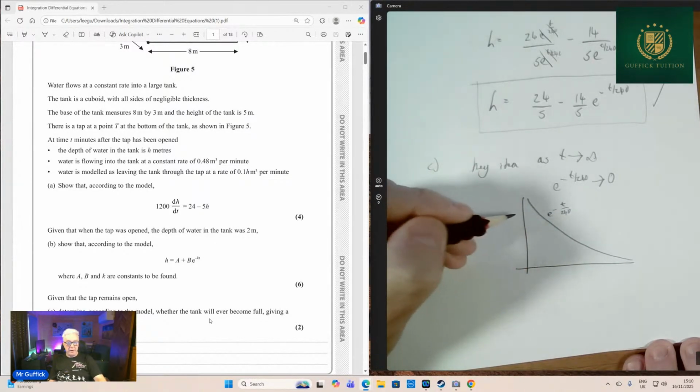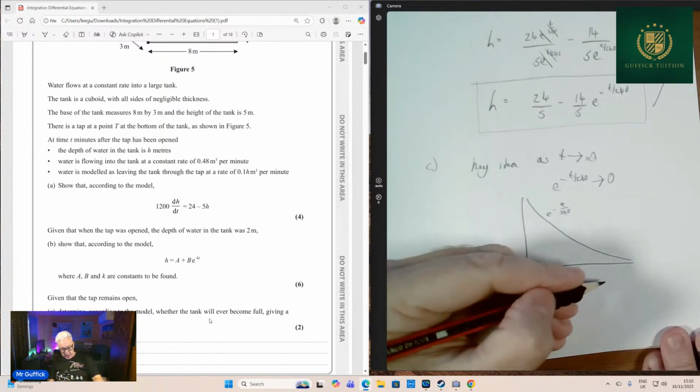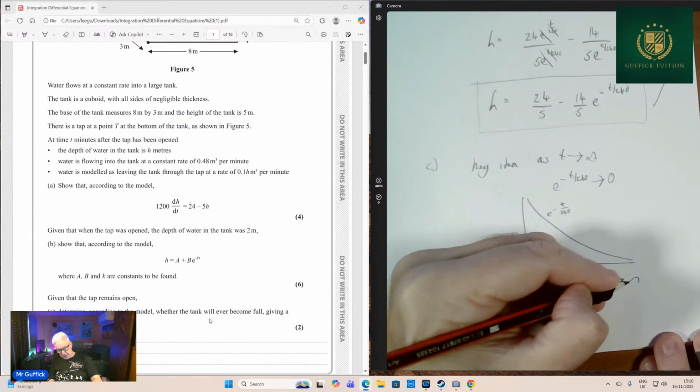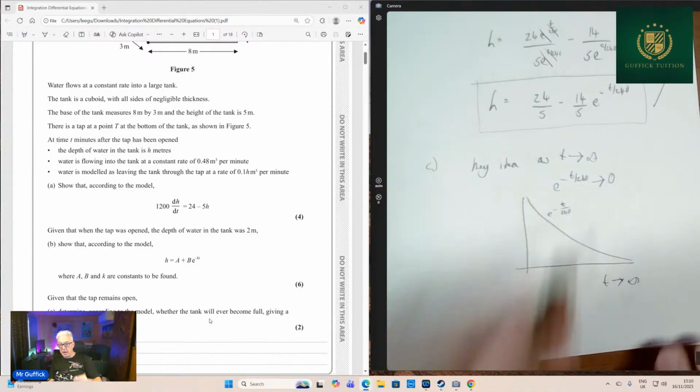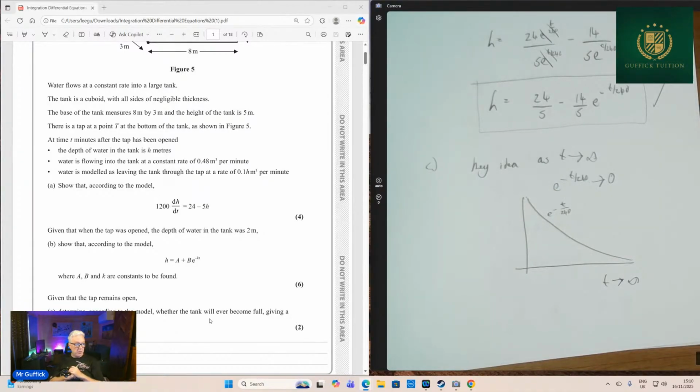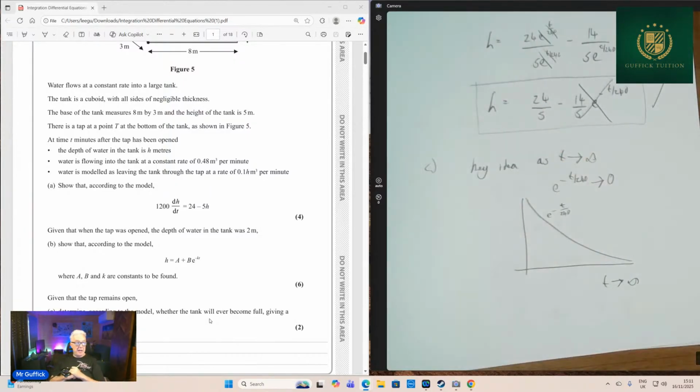So there's a graph I've drawn of e^(-t/240). Now, as t tends to infinity, you'll notice that this graph is tending towards 0. So what that means is the long-term behavior of this equation is that as time gets bigger and bigger, that bit there is going to become vanishingly small. It's going to disappear.